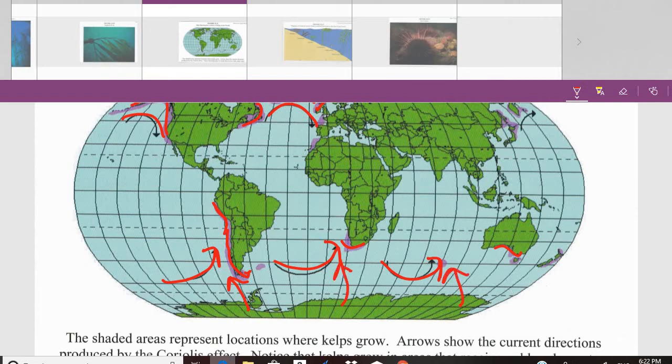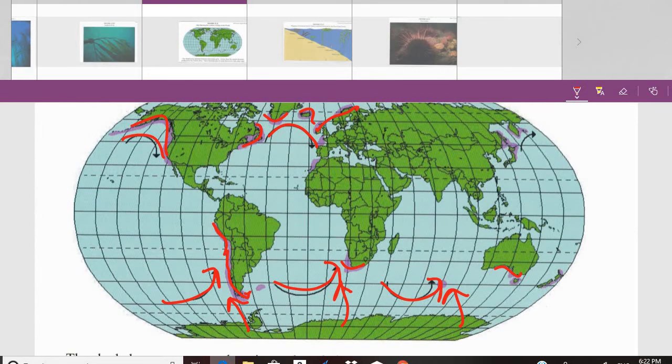So that is why there still has to be cold water. So around these areas, you can get movement of cold water into those areas, and so then kelp is able to grow.